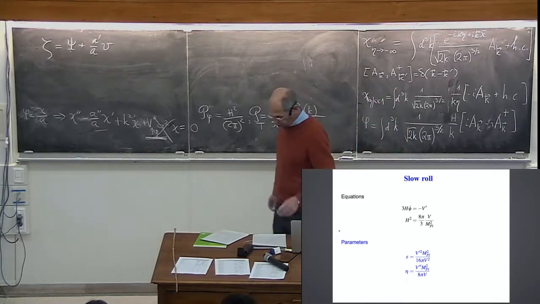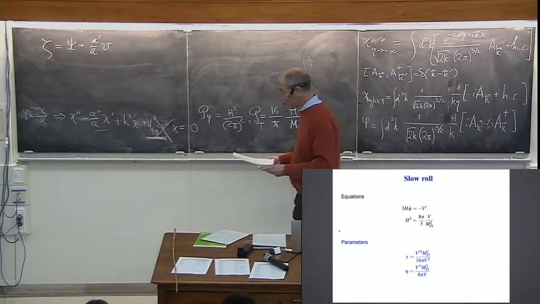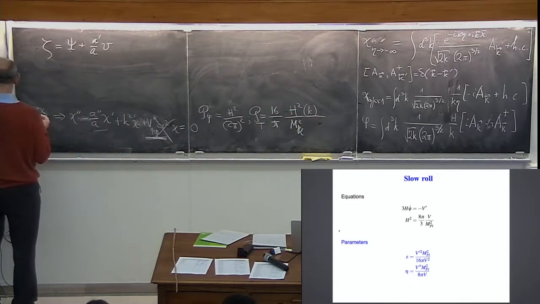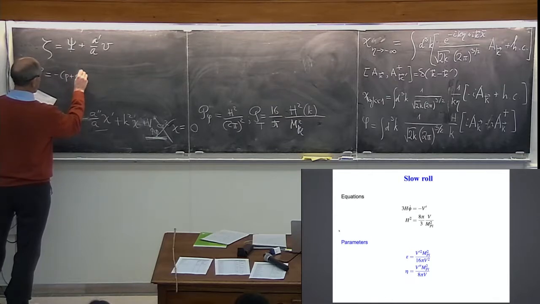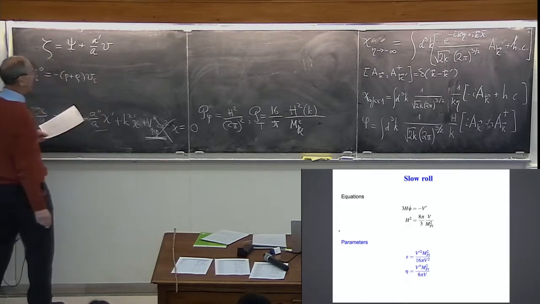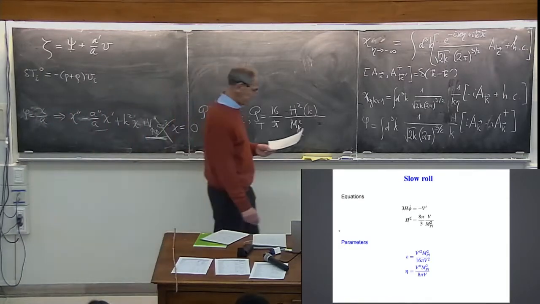Now, the question is, what is the velocity? Since we are in the inflationary stage, there is no fluid at all. What is this V? Well, let's use the definition. The definition is that delta T i0 is, by definition, minus P plus rho, the background pressure and energy density, times V_i. We can view this as the definition of velocity.